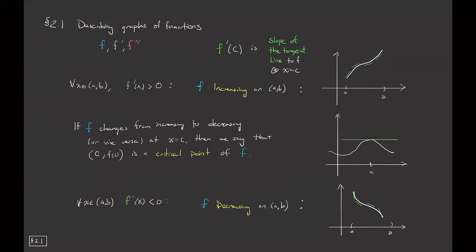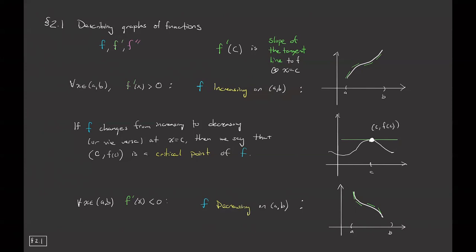This says if f changes from increasing to decreasing, or the other way, if it goes decreasing then increasing, and that change happens at a given x value, let's say c, then what we would say is the point c, f of c, that gives us the x and the y value.